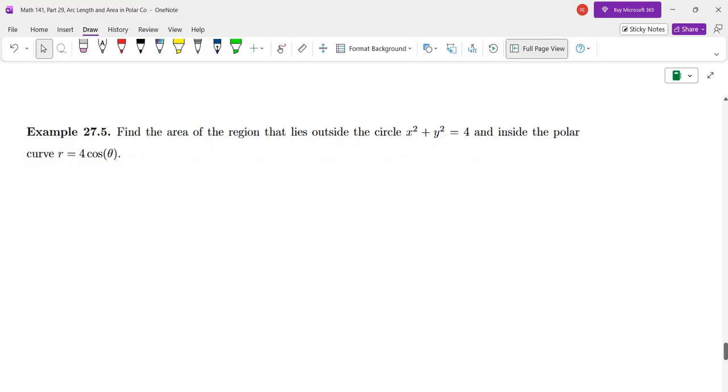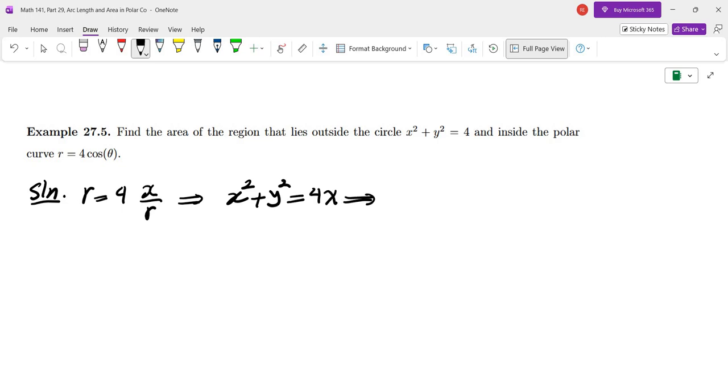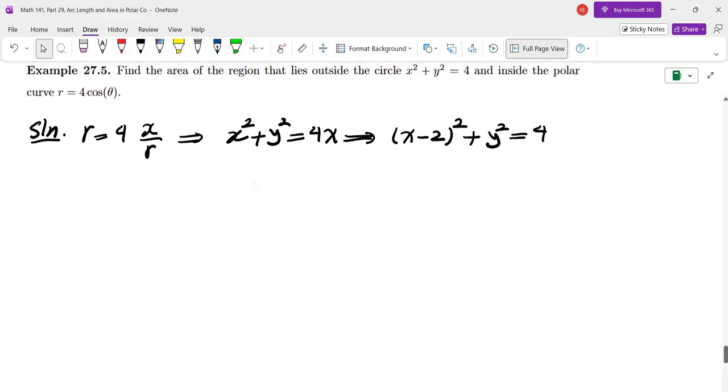So last problem. Find the area of the region that lies outside the circle and inside the polar curve r equals 4 cosine theta. Okay, so let's find out what this polar curve is. So this is again very similar to what we did before. 4 cosine, that's x over r. So this gives us x squared plus y squared equals 4x, which is x minus 2 squared plus y squared equals 4 by completing the square.